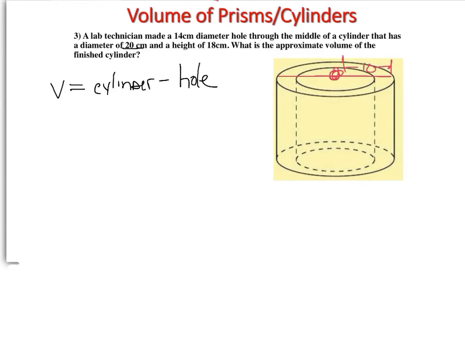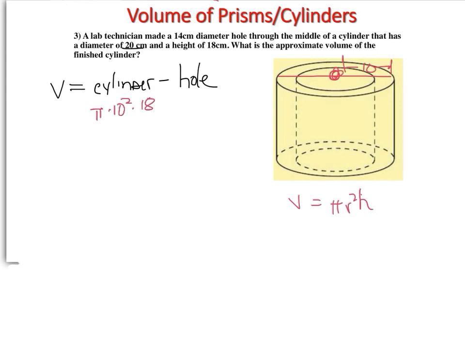The formula for a cylinder's volume is pi r squared h. We're going to do that calculation for the cylinder and the hole, and then subtract. So for the cylinder, it's pi, and the outer radius is 10, so times 10 squared times a height of 18.